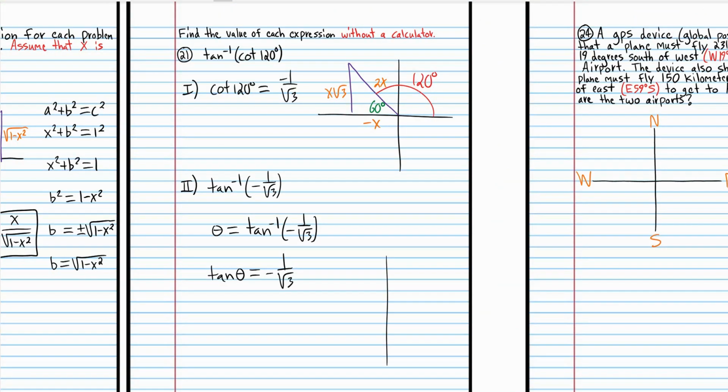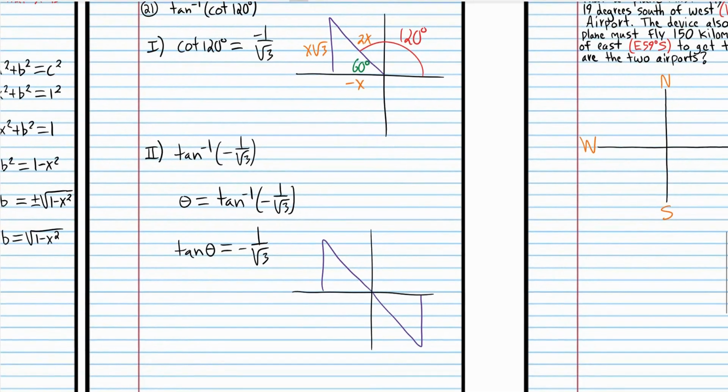So now we can draw triangles in the second and fourth quadrants, because tangent is negative in the second and fourth quadrants. And the sides are going to be x, negative x, x root 3, and negative x root 3, and 2x and 2x. The angle opposite x is always 30 degrees, so that's the reference angle. And the angles we're looking for are 150 degrees and 330 degrees.